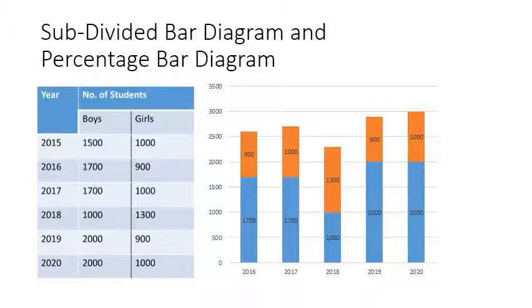That means 66.6% are boys and only 33.3% are girls. Then if we write here, instead of 2000, 66.6%, and instead of 1000 we write 33.3%, then it will be known as a percentage bar diagram.